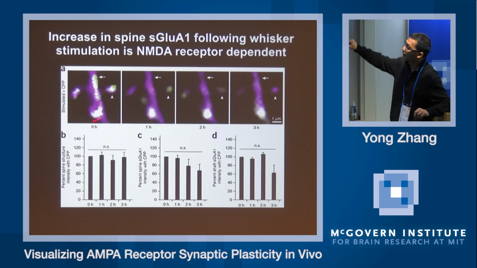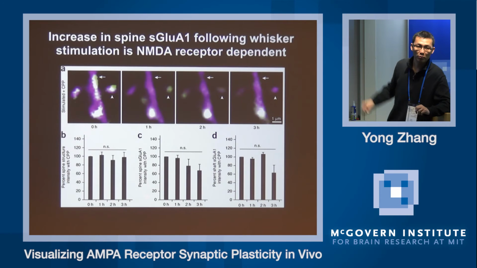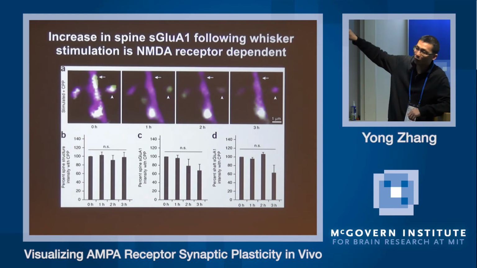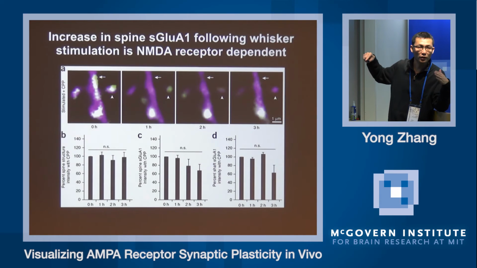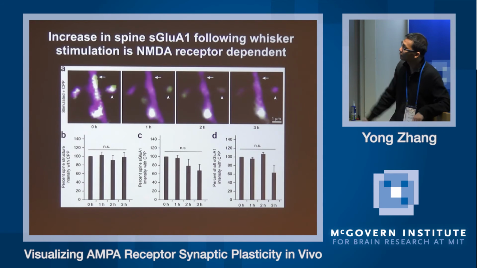What we are doing here is applying a drug, CPP, which is an NMDA receptor antagonist. This drug can easily cross the blood-brain barrier. We are doing exactly the same procedure as the whisker stimulation. The only difference is that we apply CPP to those animals before we start whisker stimulation.